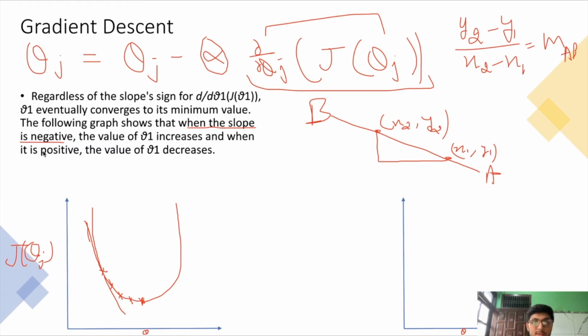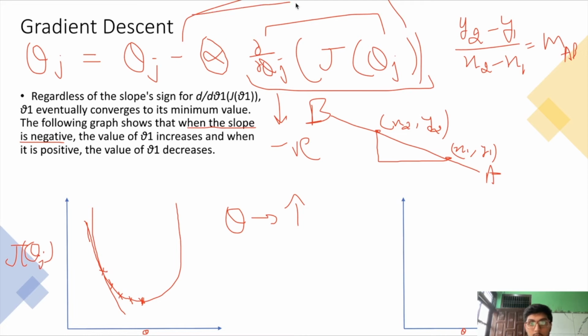The slope is negative, this means this value is negative, so this whole value will be negative, and negative means it will be positive. So our theta will finally increase, and this value will be overall positive.